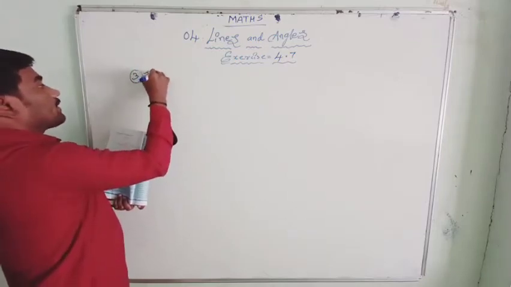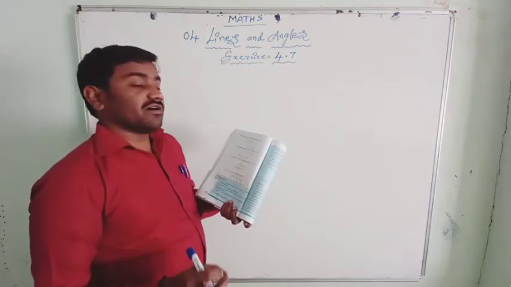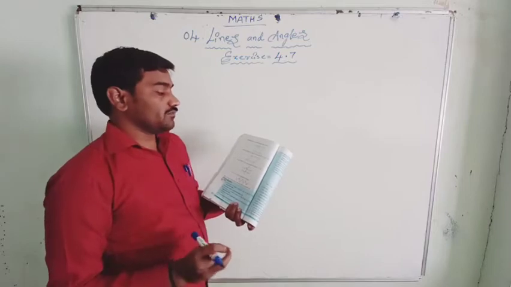Third one, find the measures of x, y and z in the figure when L is parallel to BC.